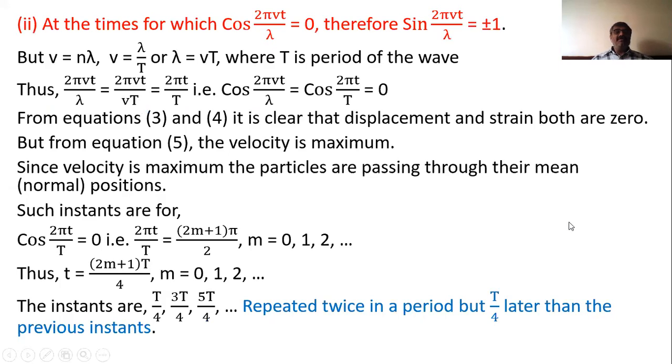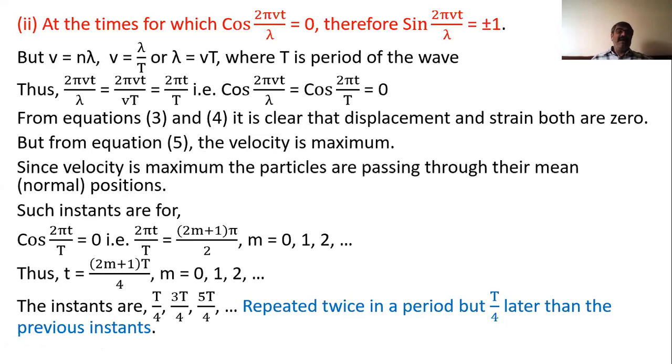Now exactly the reverse situation is there when we consider the cosine function as 0. After substitution in equations 3, 4 and 5, we find that from equation 5 the velocity is maximum while displacement and strain are 0. The velocity of a particle performing SHM is maximum when it is at its mean position.